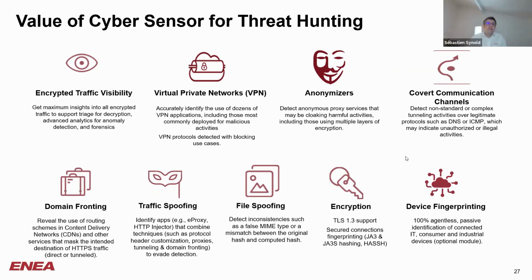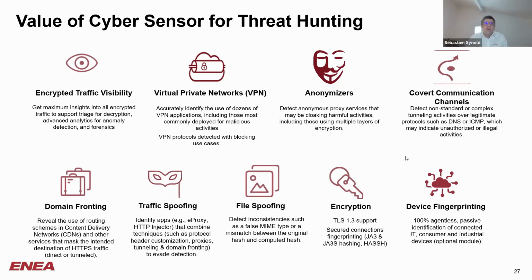Tunneling techniques also are constantly evolving and having the ability to decapsulate any kind of network tunnels to have visibility on what is inside the tunnel is very important. Other techniques like domain fronting detection, traffic or file spoofing, validation of encryption handshakes are also very important techniques that are covered by traffic intelligence.